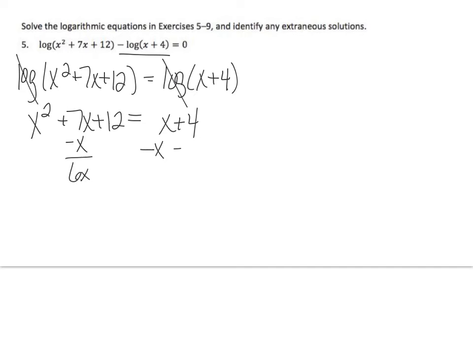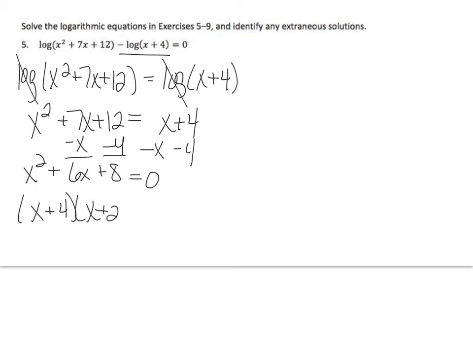Subtract to get x squared plus 6x plus 8. Now I'm back to 0, so I can factor that. It gives me (x plus 4)(x plus 2). So x equals negative 4 and x equals negative 2.